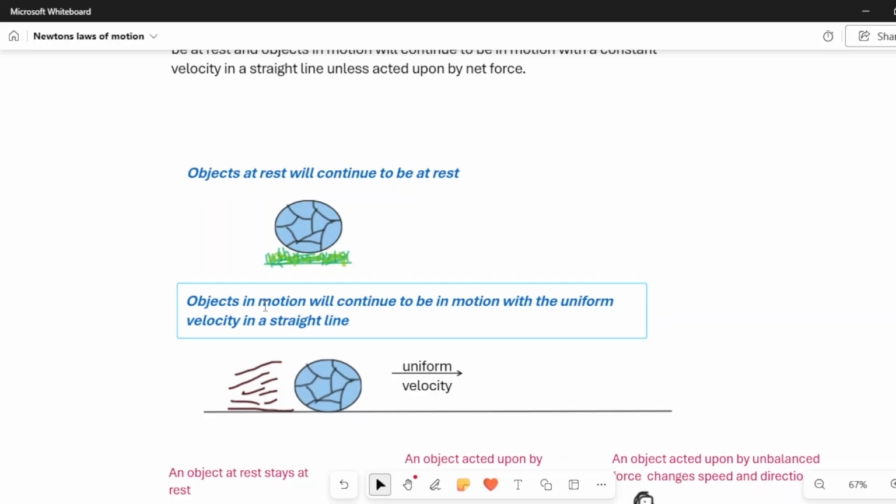Okay, so now I just want to ask you one question. In real life, have you seen a ball continuously going in the same direction with the same speed? Have you observed that? You are kicking the football, but at some point the ball stops, right?